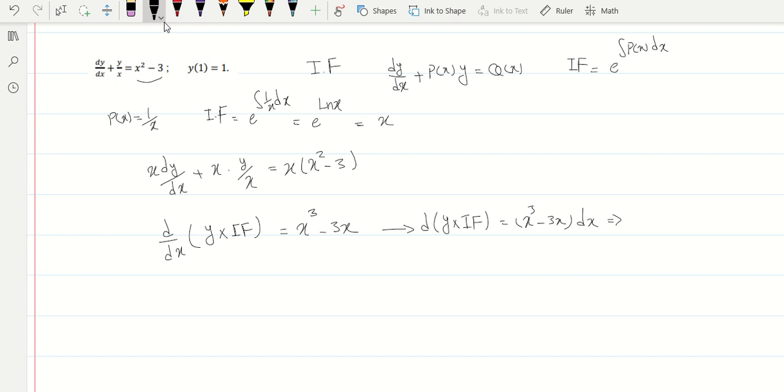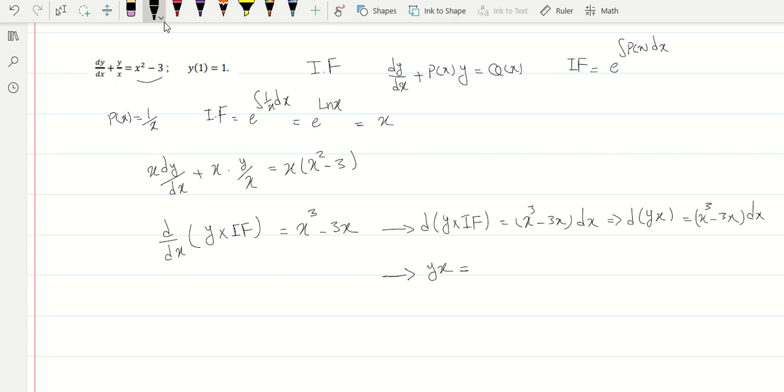So we have d of yx is equal to x cubed minus 3x dx. Now I'm just going to take the integral of both sides of the equation. Integral of d of something would be equal to that something. So for example, integral of dx is equal to x, integral of dy is equal to y, and integral of d of yx would be equal to yx.